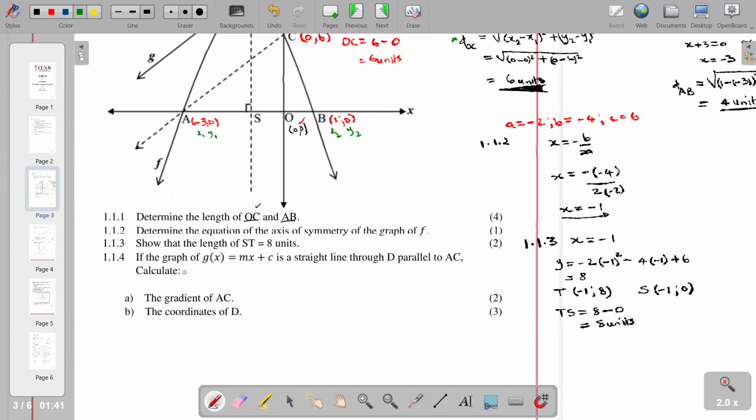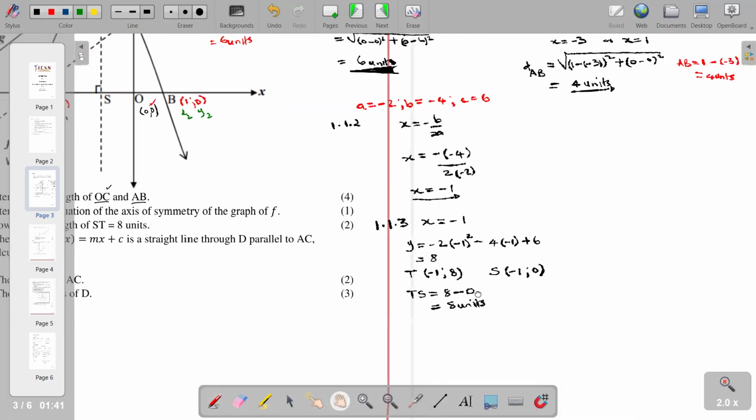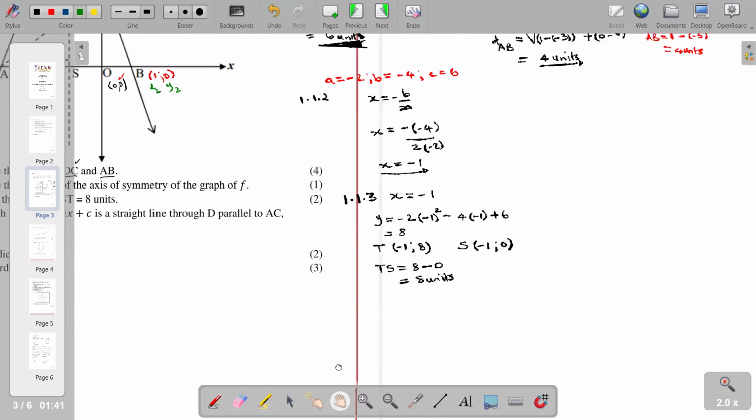It says, if the graph g(x) equals mx plus c is a straight line through D parallel to AC, calculate the gradient of AC. That is question 1.1.4.